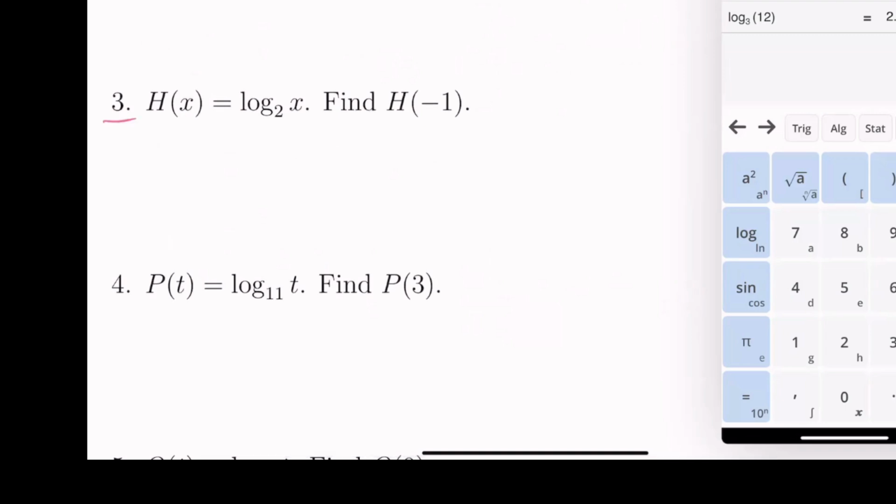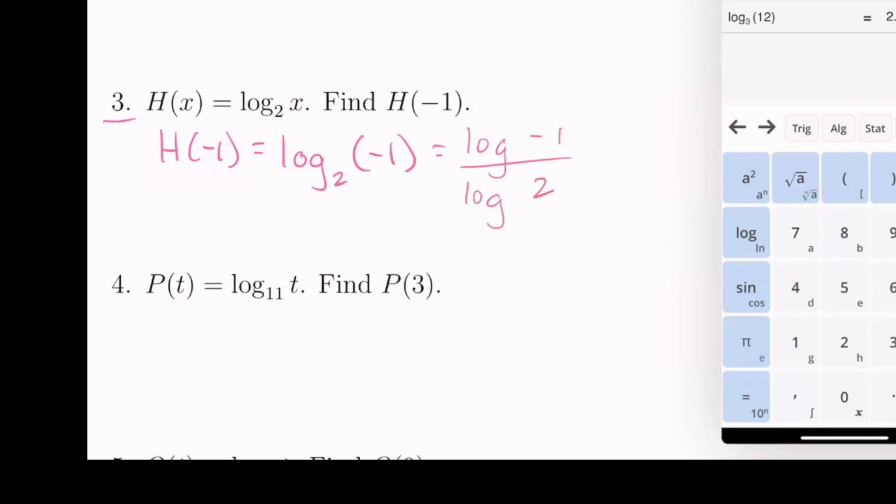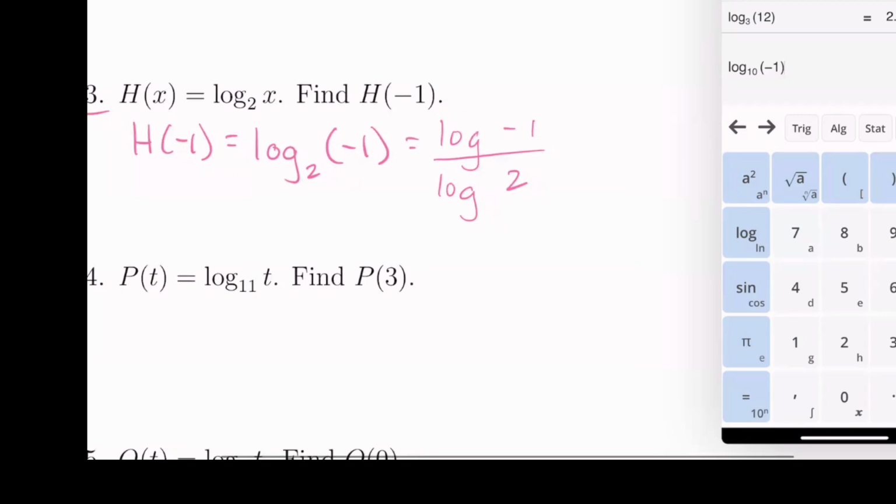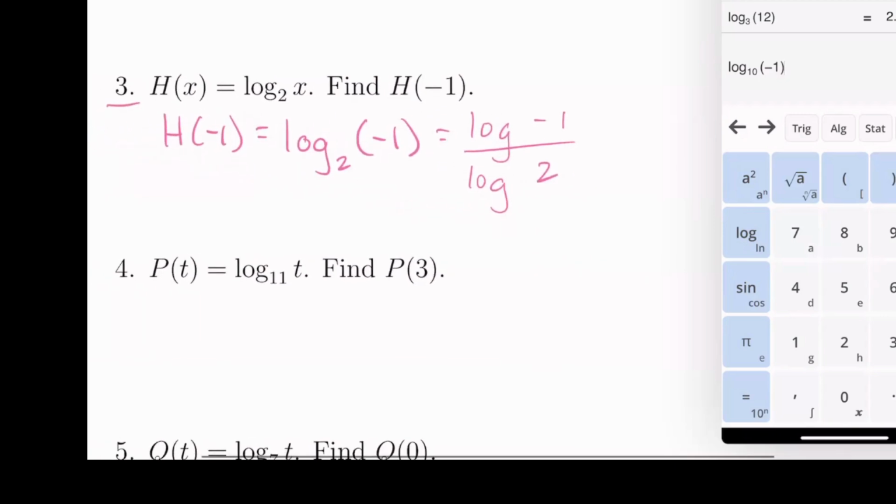Now, 2 other ones real quick. Number 3, h of -1 is log base 2 of -1. So log of -1 over log of 2. Let's put that in. I don't even need to go any further. Before I even do the second half, it's telling me log of -1 is undefined.